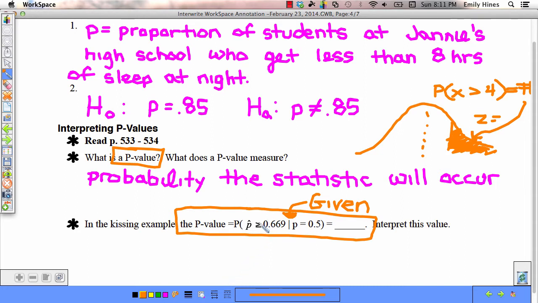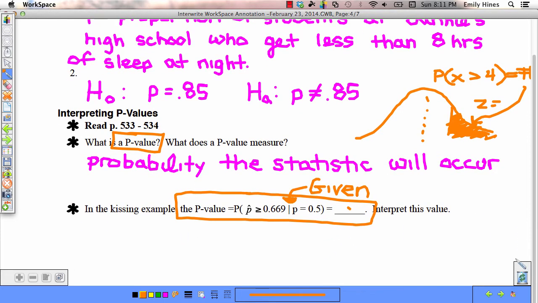And whenever I do that, I calculate it and I find a z-score, and I can do that here. There are some conditions we're going to have to check, but generally I would calculate a new standard deviation here. I would assume that the mean of my p-hats was equal to the 0.5.